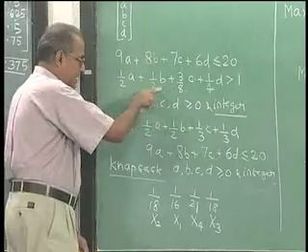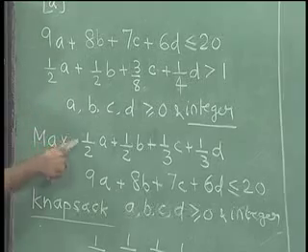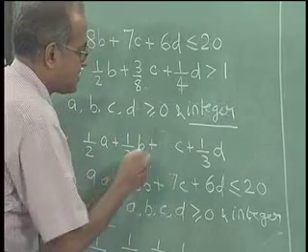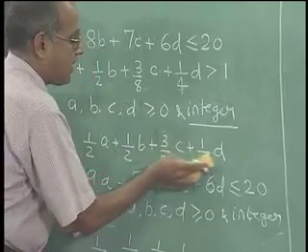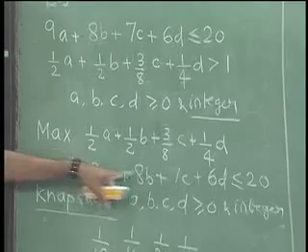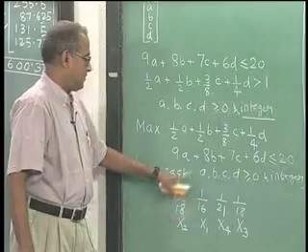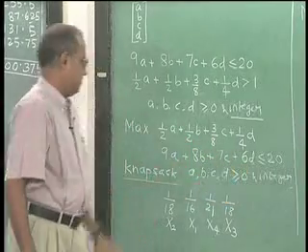Now, we convert this greater than 1 into an objective function and say maximize 1 by 2a plus 1 by 2b plus 3 by 8c plus 1 by 4d such that 9a plus 8b plus 7c plus 6d less than or equal to 20, a, b, c, d greater than or equal to 0 and integer.